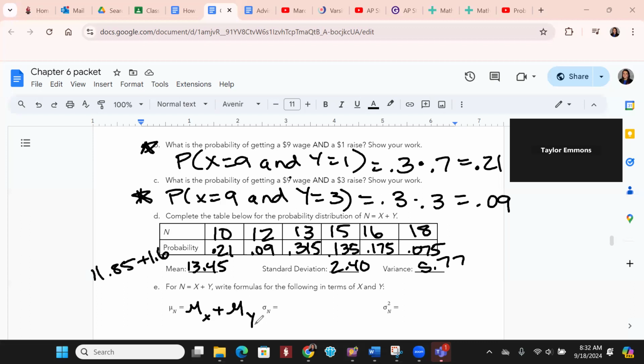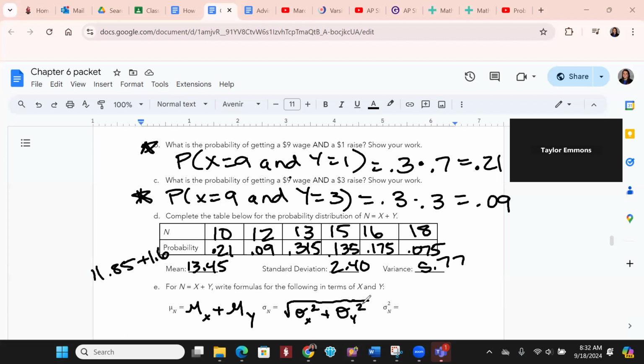This next one looks a little crazy. On the next one, you're going to have the standard deviation of x squared plus the standard deviation of y squared, and you're going to take the square root of it.